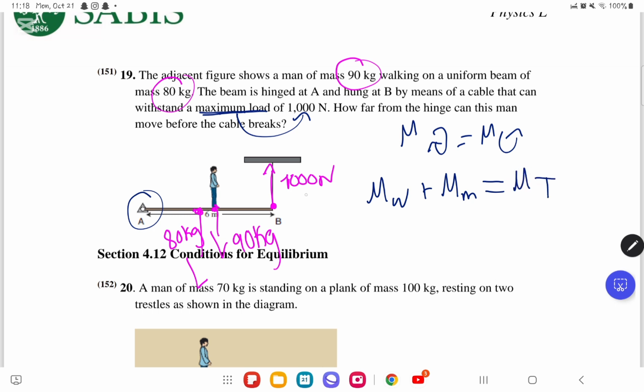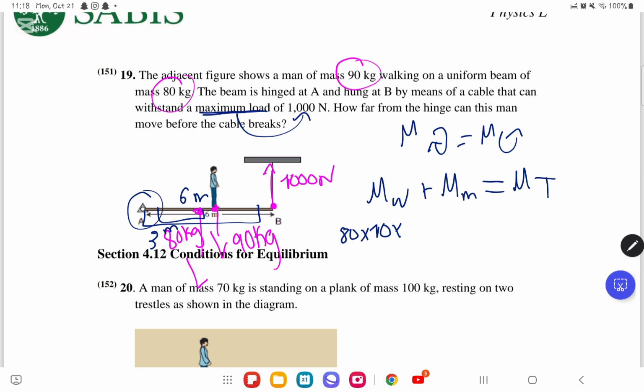So the moment of the weight is 80 kg times 10 newtons times the distance. Since it is 6 meters and it is uniform, and we're talking about the weight of the beam, then it will be at its geometrical center. So the distance is gonna be 3 meters.